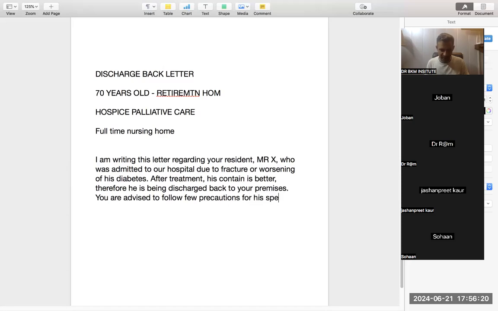Normally, I write for his speedy recovery. Speedy recovery means if the patient is not a palliative care patient. But if the patient is palliative care, obviously he will not recover. You are advised to follow few precautions for his betterment. Let's make it simple. Write as simple as you can. Or you can say you are advised to continue the ongoing care.